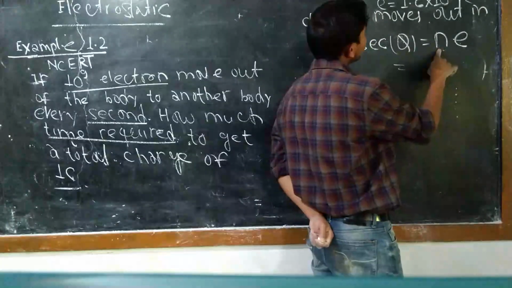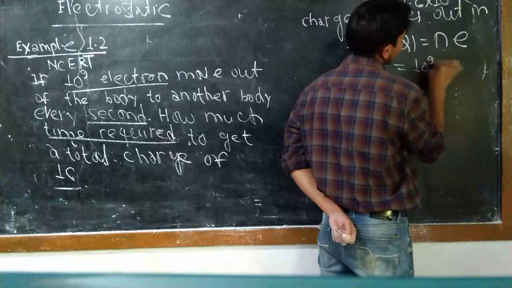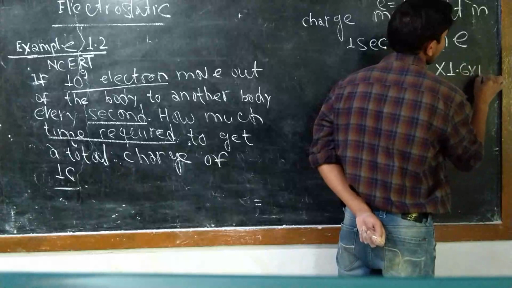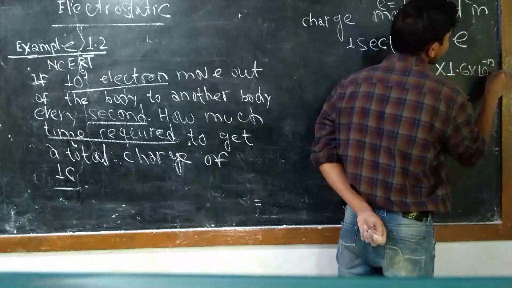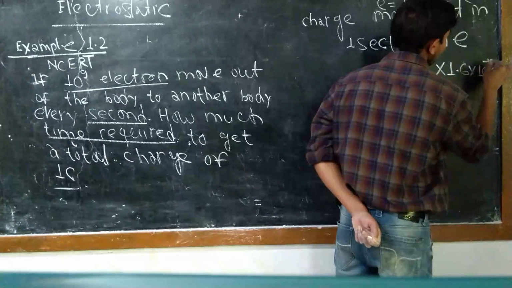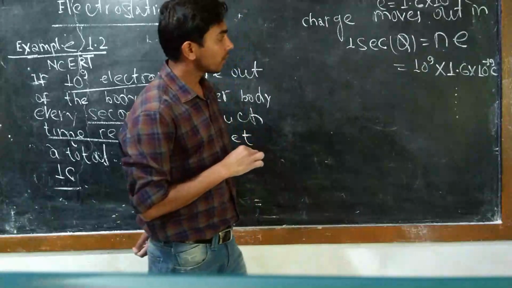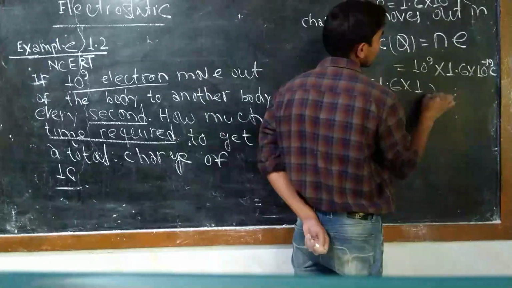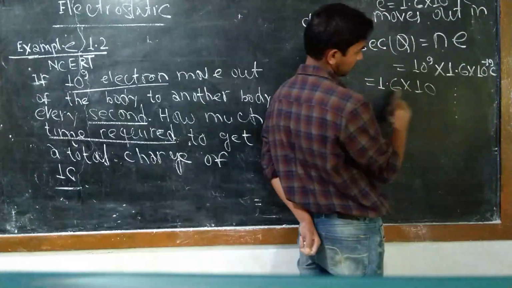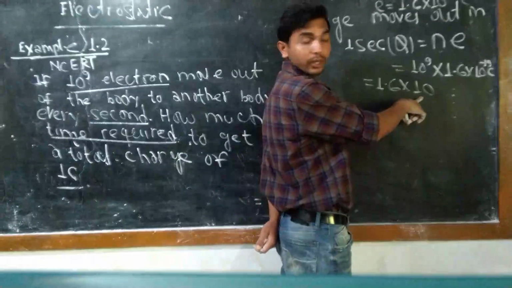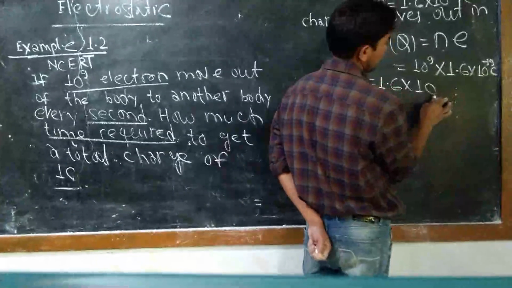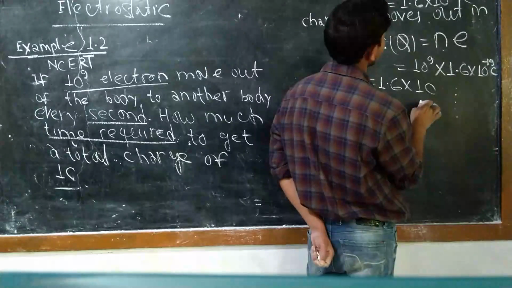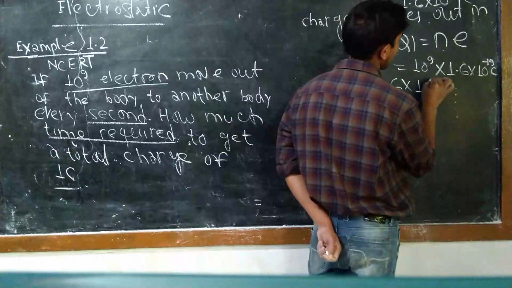So N is given as 10 to the power 9 and e is known to you, 1.6 into 10 to the power minus 19 coulomb. If you solve this, 1.6 into 10 to the power, what will come? 1.6 into 10 to the power minus 10.